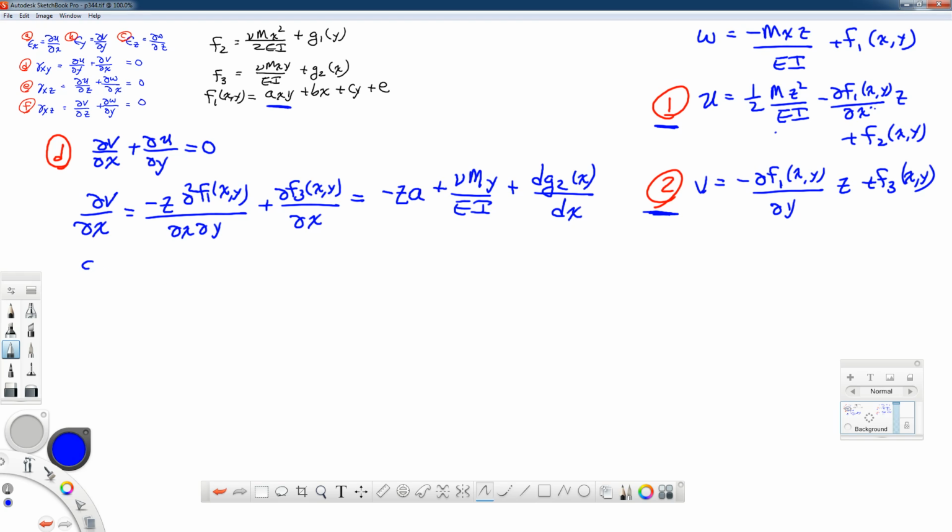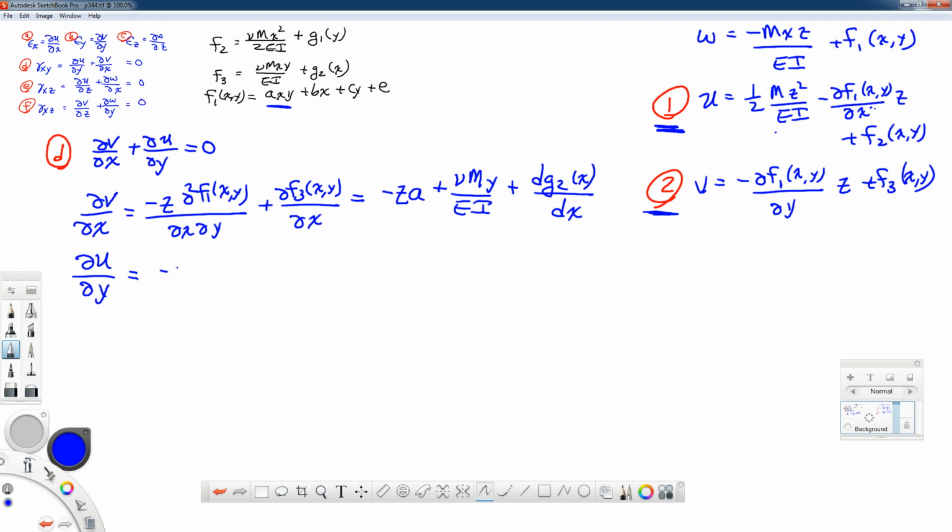Now we're going to do something similar for the partial derivative of u with respect to y. We're going to go back and use equation 1. We get no contribution from the z squared term. And then we're going to have the second partial derivative of f1 with respect to x and y.